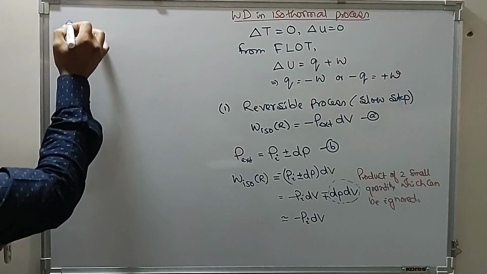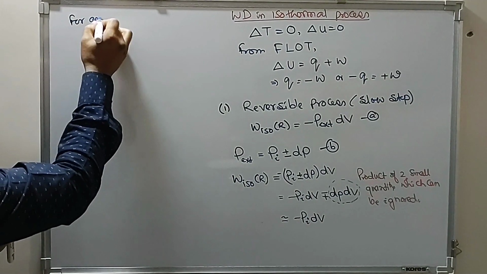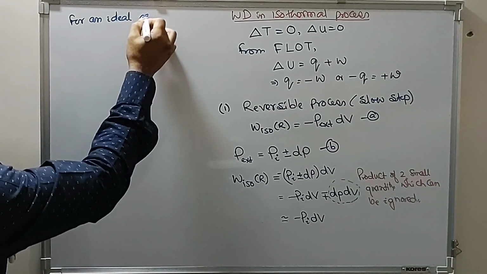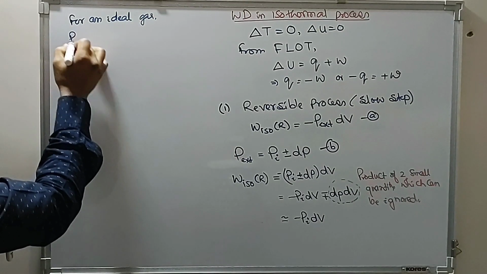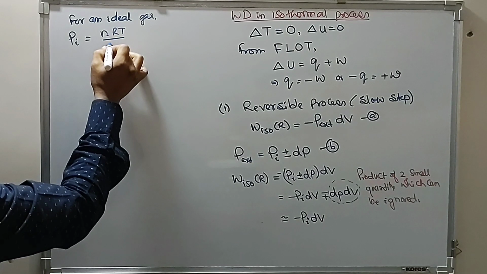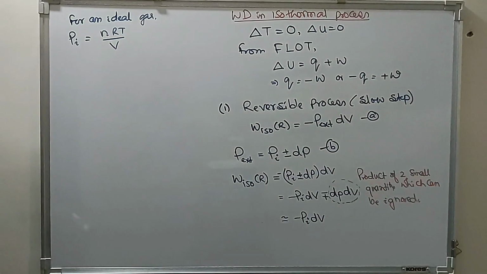For an ideal gas, Pi is equal to nRT divided by V, because we have PV is equal to nRT, which is the ideal gas equation.